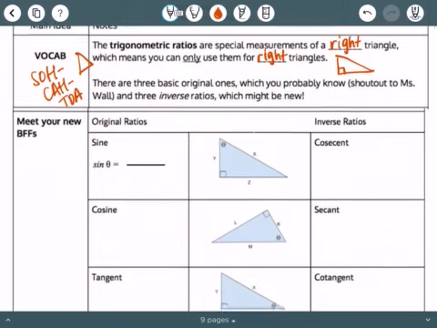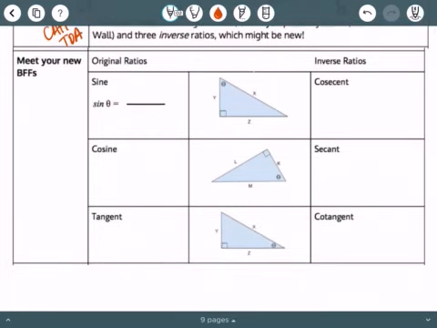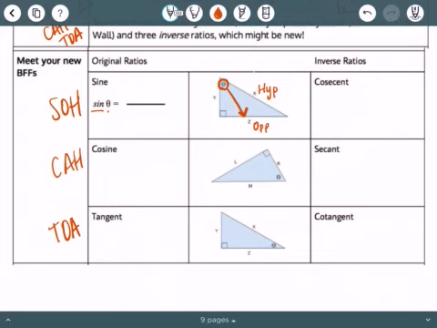So here we have our original ones and then our inverses. As you probably remember, we have SO, CA, and TOA. Sine we abbreviate to SIN of the angle. Remember that we have to go to the angle and then we can label our sides. Directly across from it is our opposite. The long side is our hypotenuse.